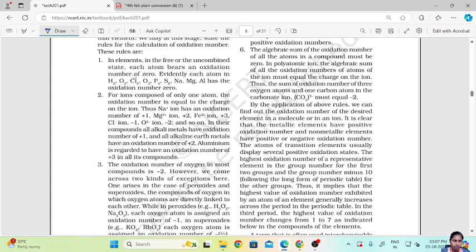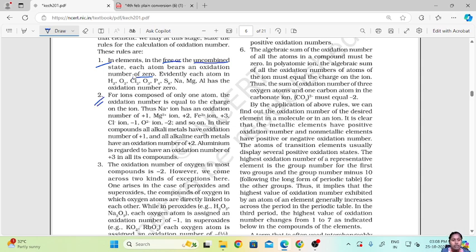So when an element is present in a free or uncombined state, solely by itself, the oxidation number is considered to be 0. For example, H2, O2, Cl2, O3, P4. Even within themselves they can form bonds, but without other elements' involvement, they have an oxidation number of 0.